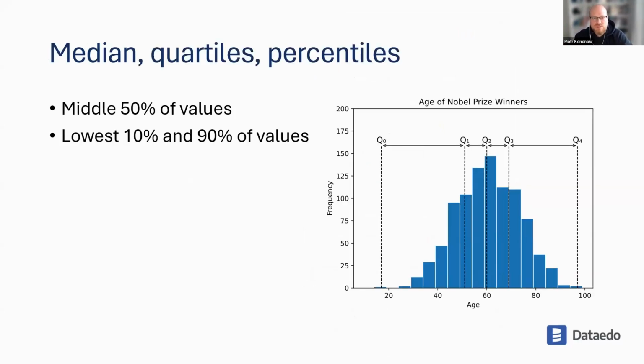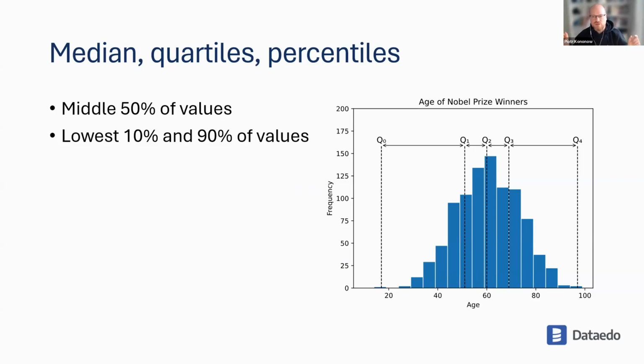Median, quartiles, and percentiles. So median is the value in the middle. If you sort values in ascending order, then median is the typical value. The first and third quartile mark the 50% around the median, and the percentiles do the same, but not with quarters, they cut the set into 100 pieces.